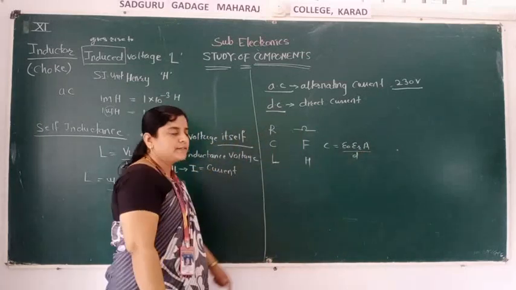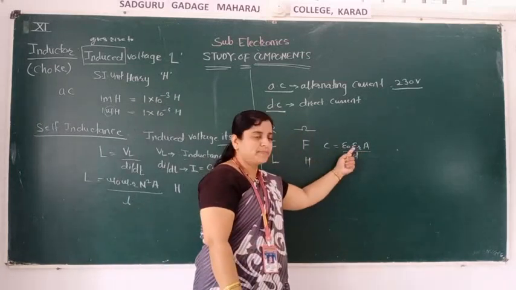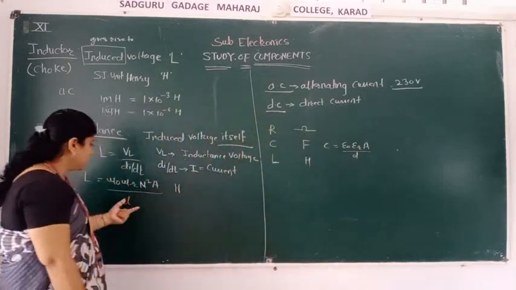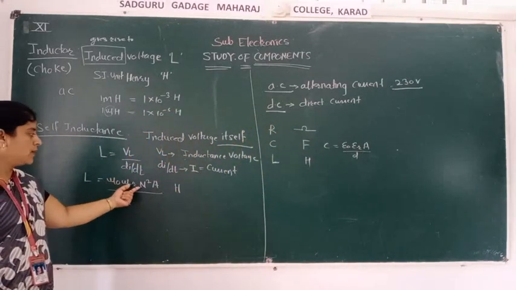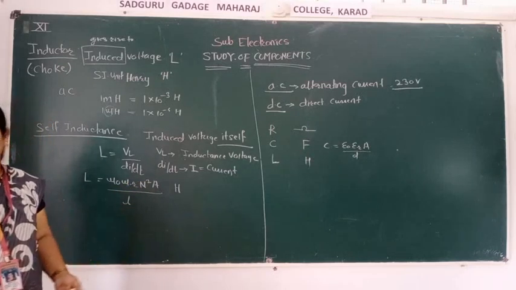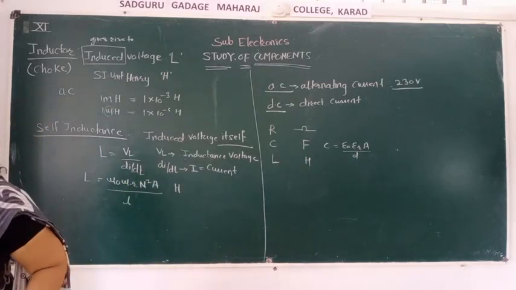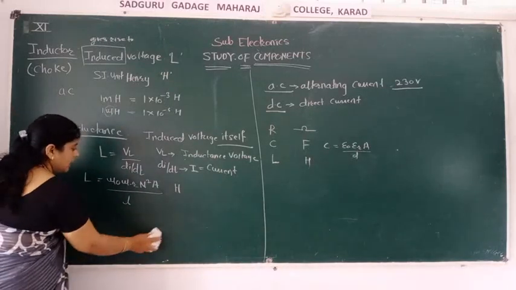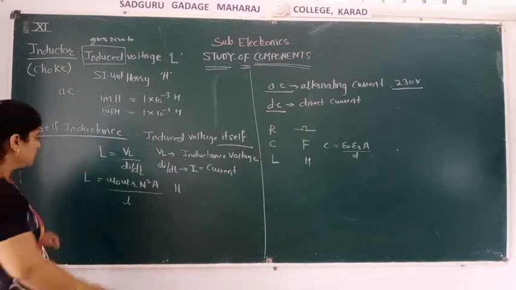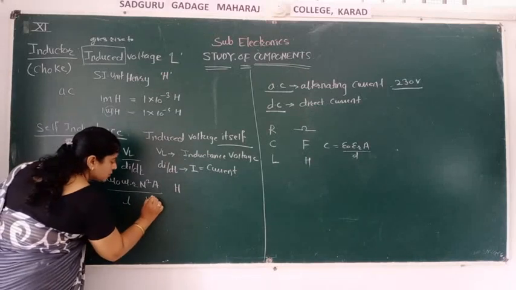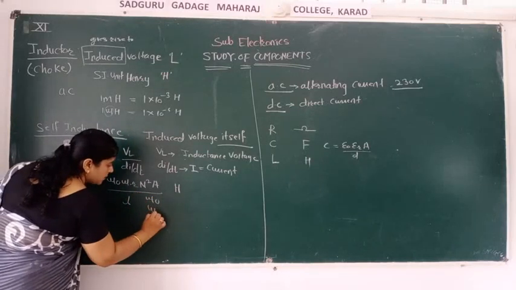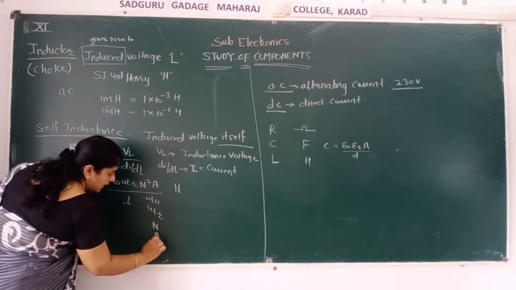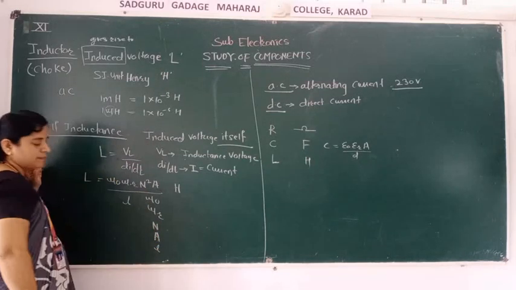Similar thing is here, that is mu 0 mu r N squared A upon l. So I will write it here. What is mu 0? What is mu r? N squared, N means what? A, and this small l.